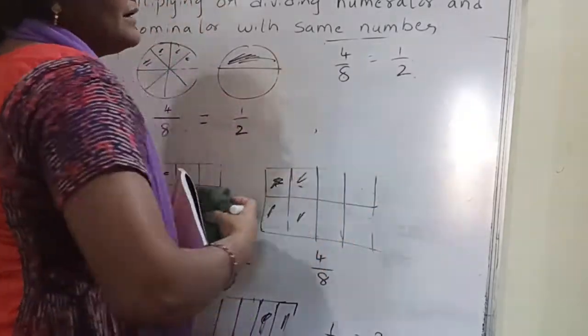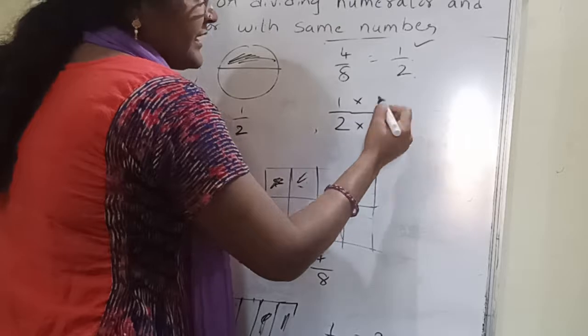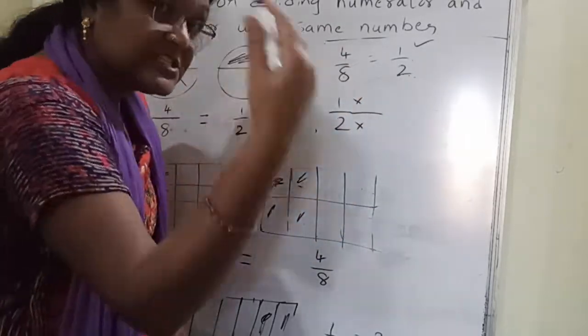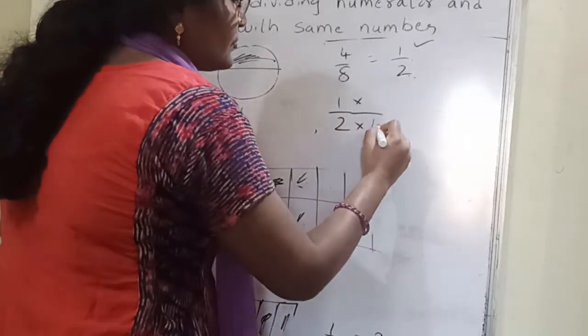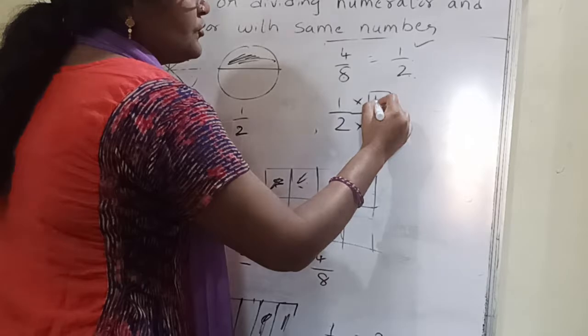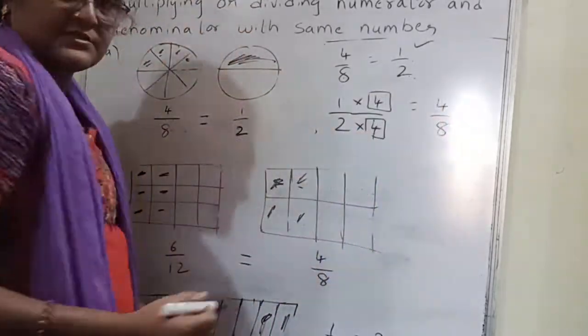Okay. So now I am taking the second one, 1 by 2. I am using multiplication. Why? Because the number is more. Here 2 is becoming 8. With which number should I multiply? 4. So if I am multiplying with 4, I should multiply the numerator also with 4. So 1 fours are 4 and 8, 4 by 8.